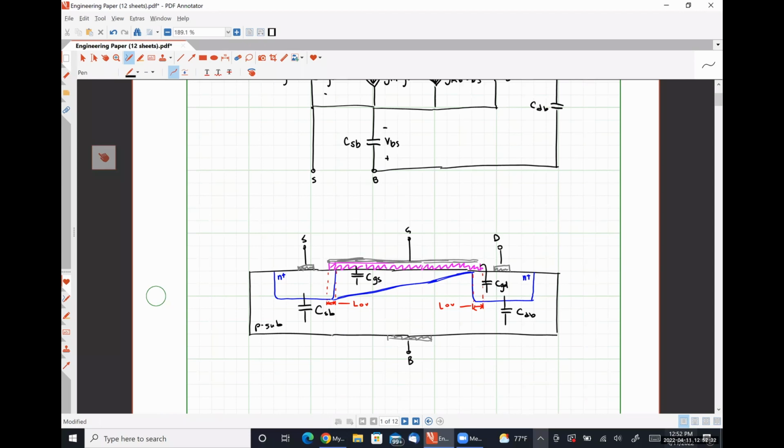Now let's mathematically describe them briefly. The gate source capacitance, CGS, arises because the polysilicon gate forms a parallel plate capacitor with the channel.